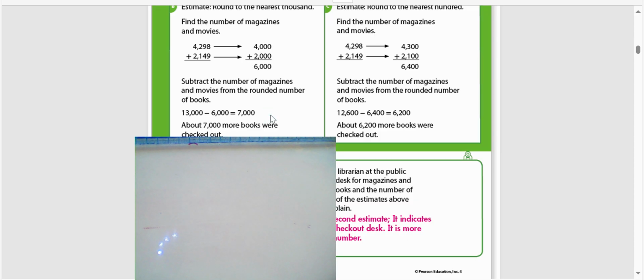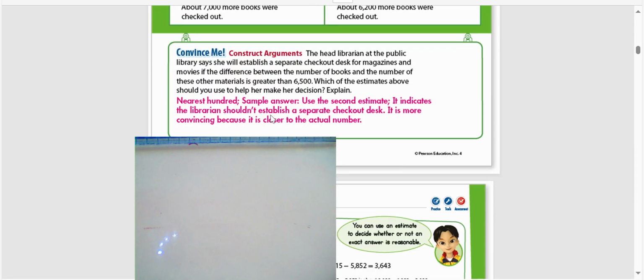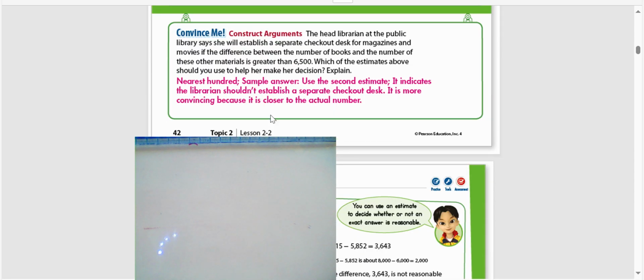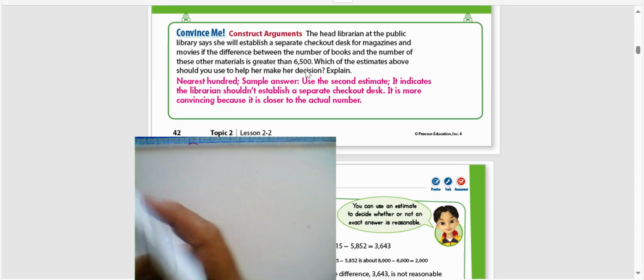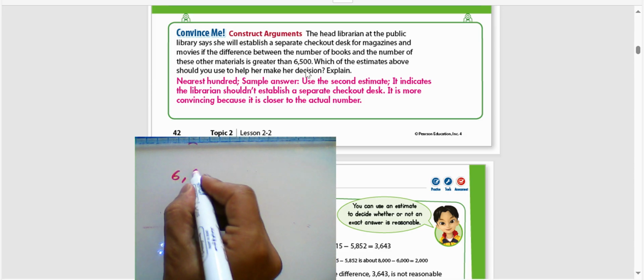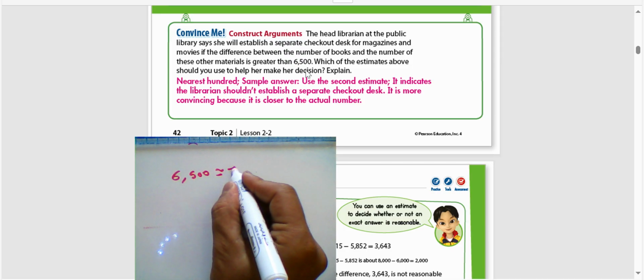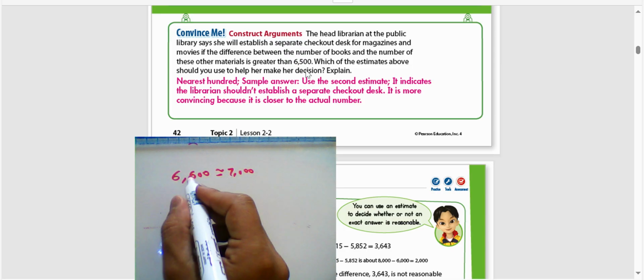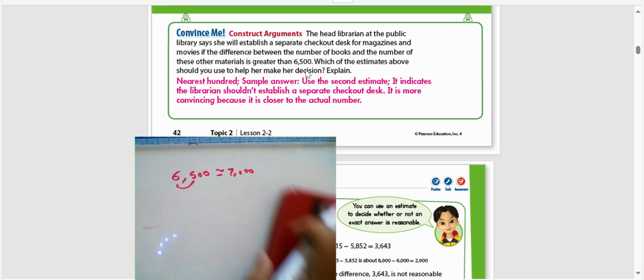Okay, then the difference: 13,000 subtracted by 6,000 equals 7,000. First, the simple answer. Use the second estimate. It indicates you can find the number here, 6,500, and approximate it to the nearest 1,000. It will be 7,000 because 5 can give 1 to the left-hand side.